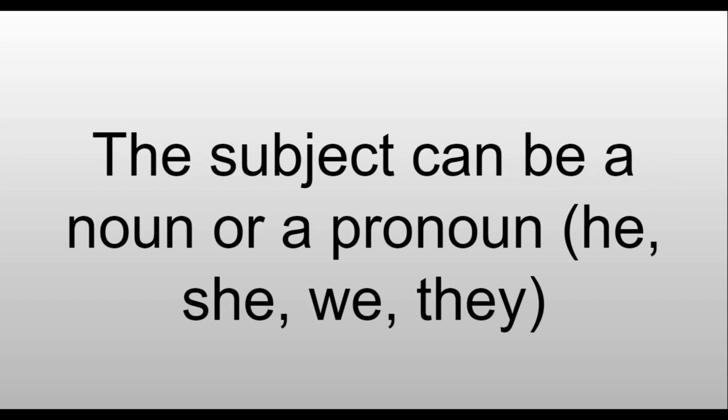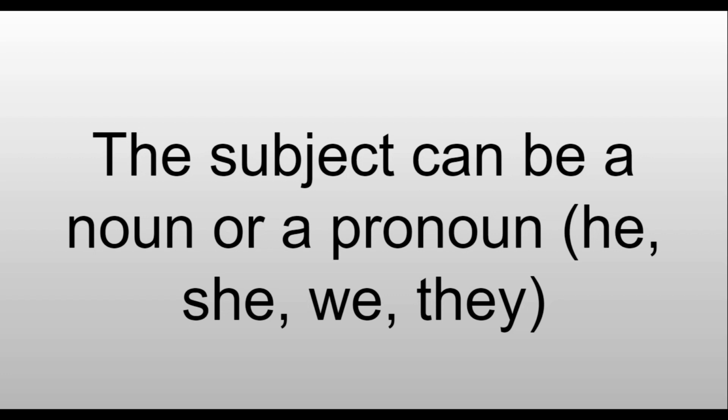The subject can be a noun or a pronoun. So a pronoun would be a word we use in place of the noun, such as he, she, we, they. This isn't a complete list. There's lots of pronouns that we use. Usually we'll start a conversation, if we're talking about a person or something, with their name, and we don't keep saying their name.